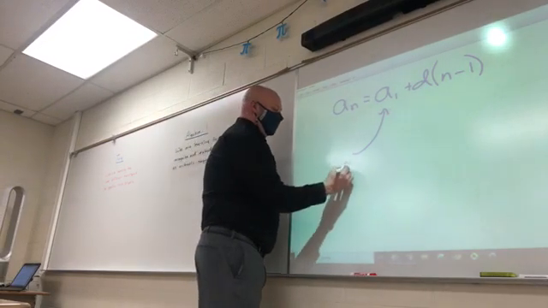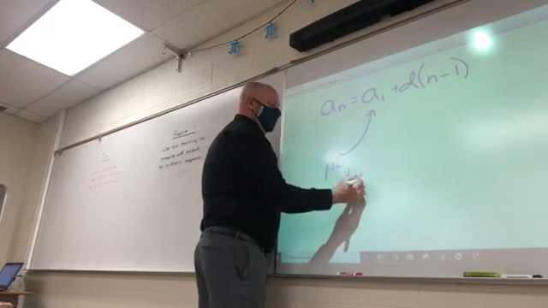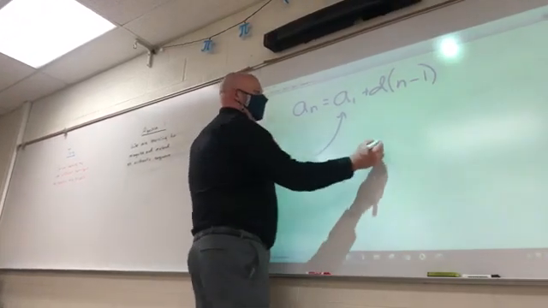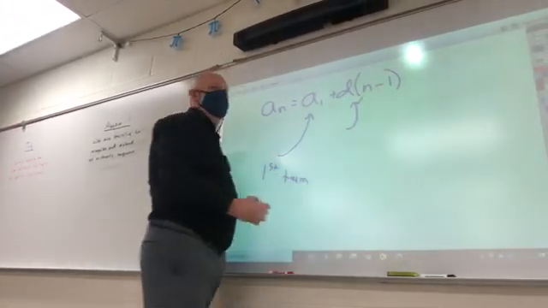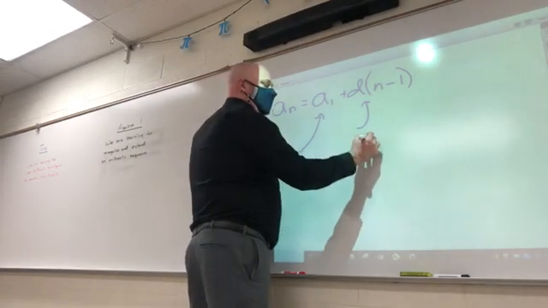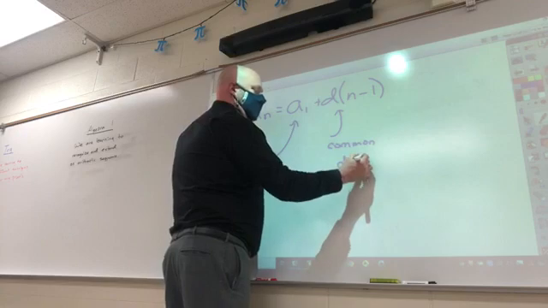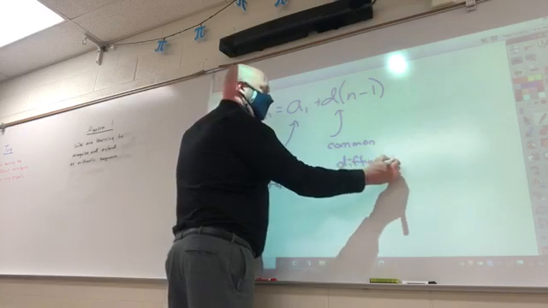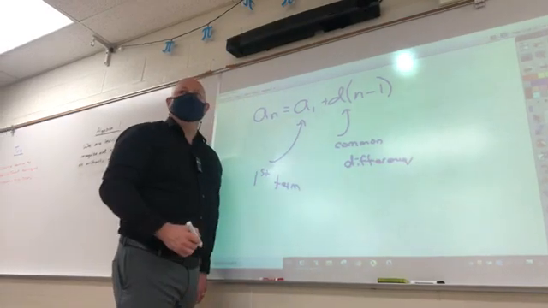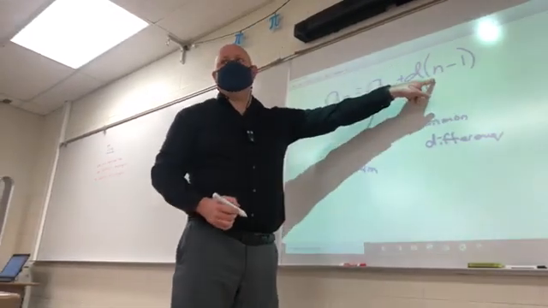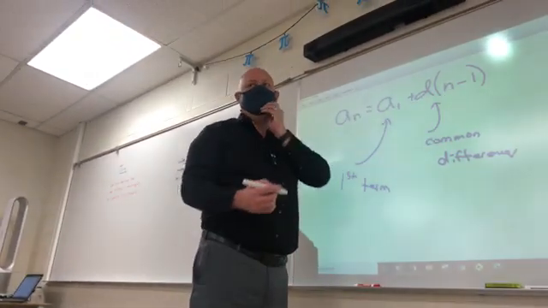That's the first term. What's the d value? That's called the common difference. Basically, what is it going up by, right? And then the n is just the number of terms, right?